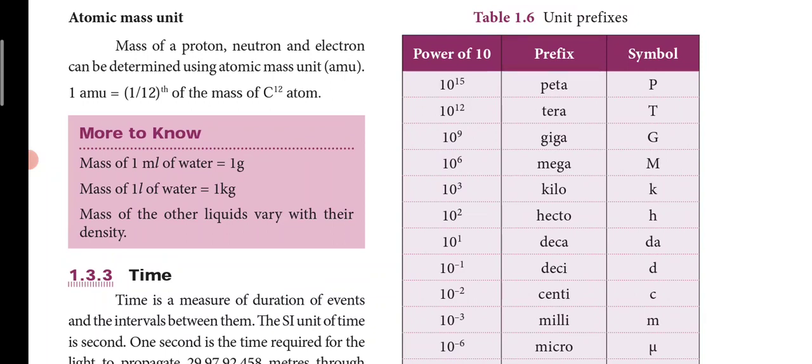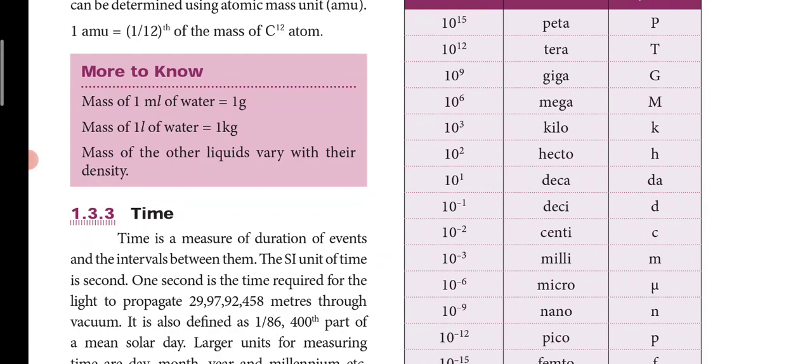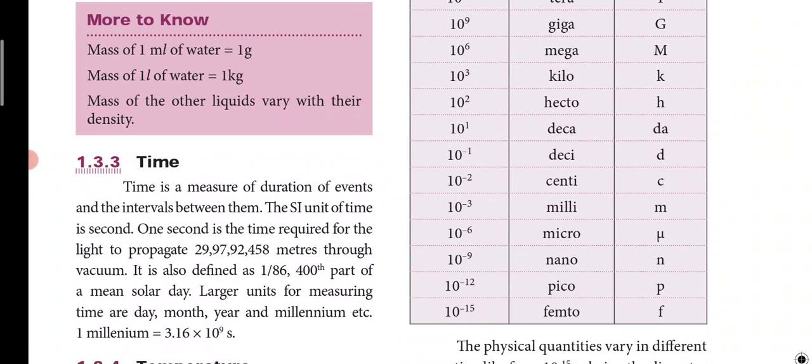Peta means the symbol is P, 10 power 15; tera is T, 10 power 12; giga is G, 10 power 9; mega is M, 10 power 6; kilo is 10 power 3; hecto is 10 power 2; deca is 10 power 1; and deci is 10 power minus 1; centi is minus 2; milli is minus 3; micro is minus 6; and nano is minus 9.